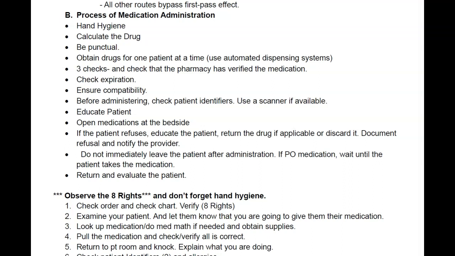A very important part of this is that you have to document the refusal and also the reason why, and what medication, right? And also you have to notify the provider, because you don't want the provider to maybe check the patient the following day or in a couple of days. And let's say it's a blood pressure medication, the patient keeps on refusing, and blood pressure continues to be up. Now the doctor or provider rounds the following day and it's like, oh, this medication is not working. Let me add another drug or let me increase the dose, right?